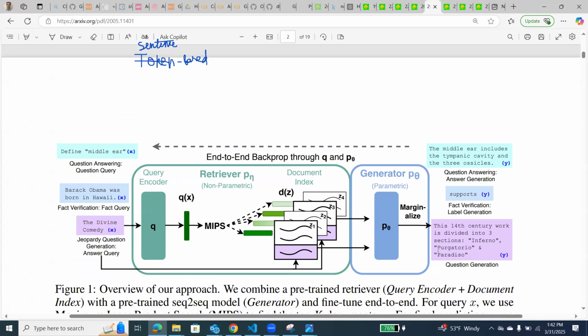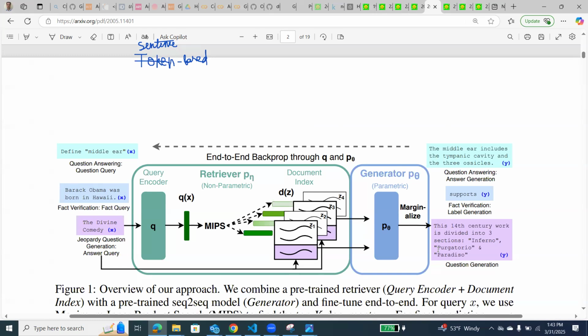So again, we have two models, the retriever, which creates embeddings, and the generator. In this paper, it was BART. So if I remember correctly, they didn't retrain the retriever, the model that created embeddings.